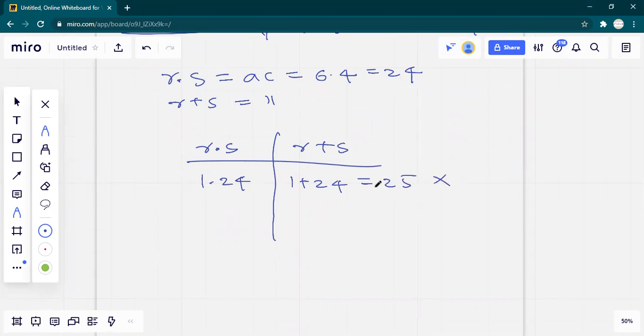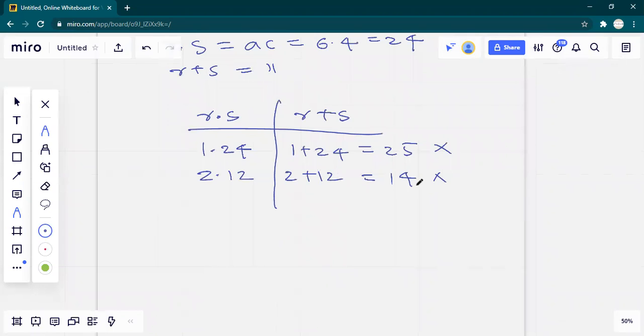It will not work. Next factorization is 2 times 12, and 2 plus 12 is equal to 14. It will not work. Negative combinations we will try later, if no positive combination works.